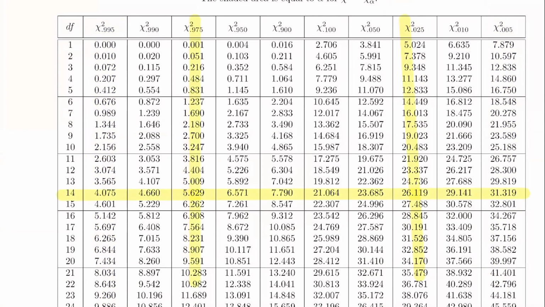Let me write that down in the chat so I can remember those numbers. You get 26.119, and then you get 5.629. Those are the two values I get for chi-square. Any question on how I get those two values?